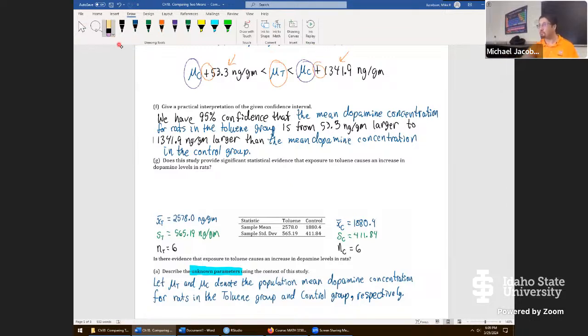We were just looking at the interval with none of these decorations on it. I'd probably say the mean of the toluene group is 53.3 higher up to 1341.9 higher than the mean of the control group. And that's pretty much what we said right here. So it looks like the toluene group, on average, always had a higher dopamine concentration in that brain region than the control group did. Well, any questions about that interpretation there, folks?